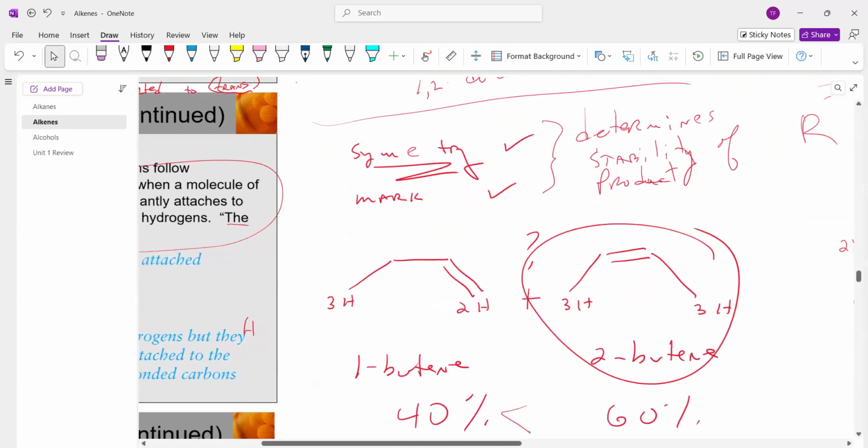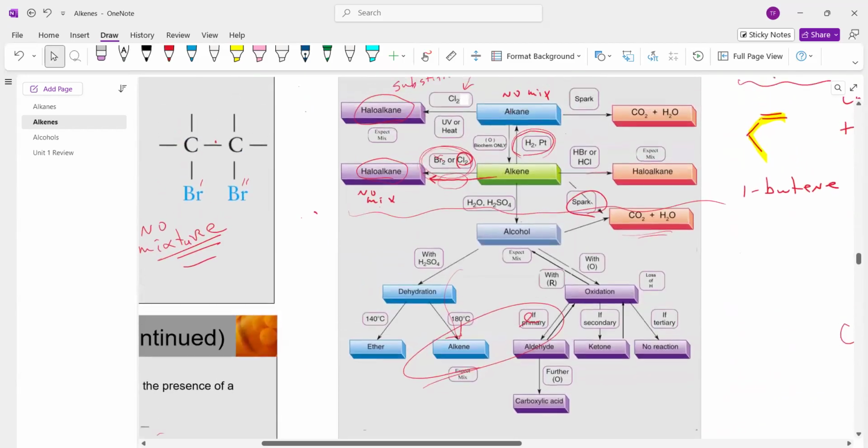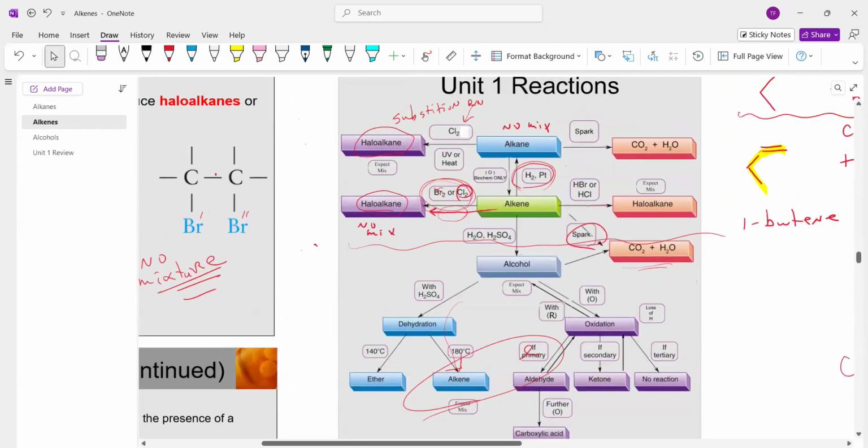Okay, so when we look at our flow chart, I will tell you to expect a mix. For example, here. So we're creating an alcohol, we're creating a halogenated alkane.